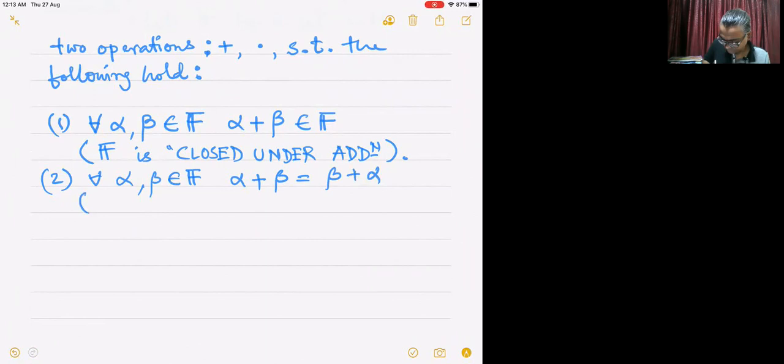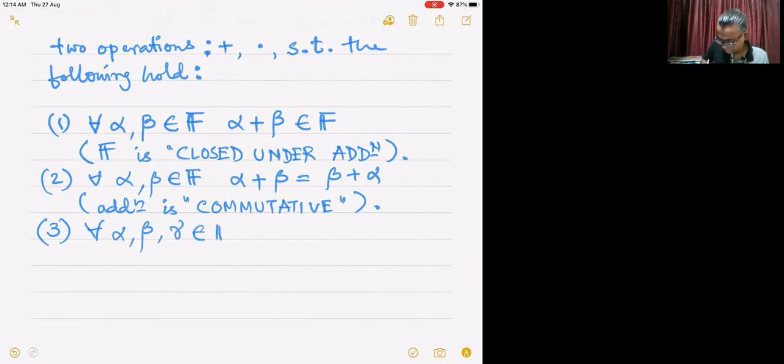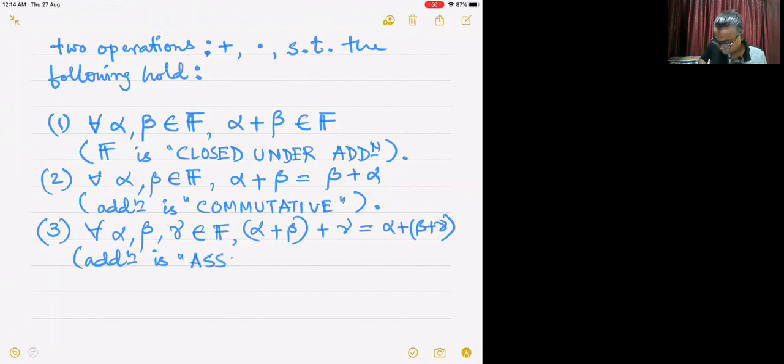In words, this says addition is commutative. Number 3, for all alpha, beta, gamma in F, (alpha plus beta) plus gamma is equal to alpha plus (beta plus gamma). In words, this means addition is associative.